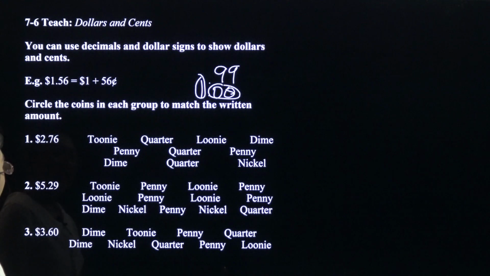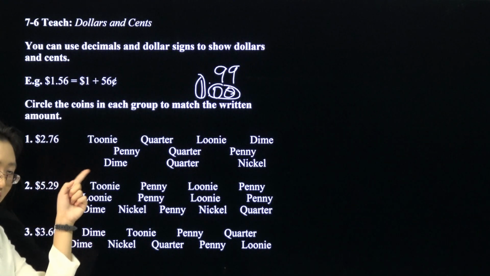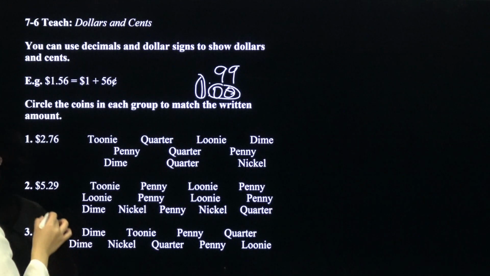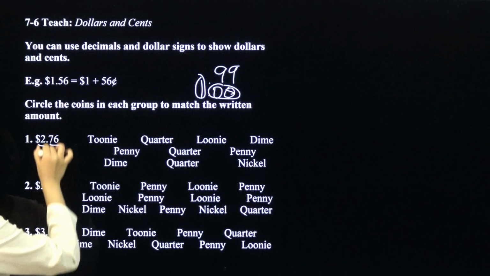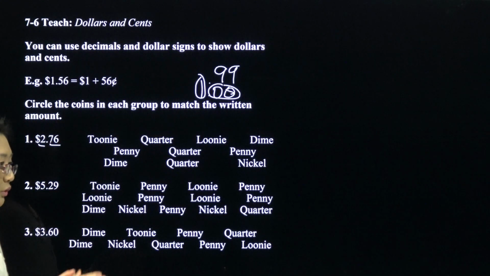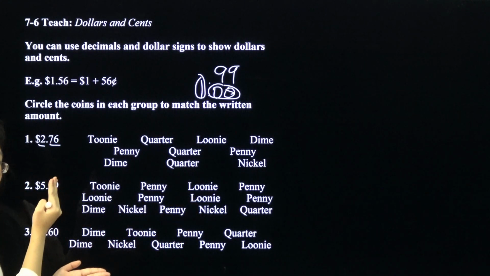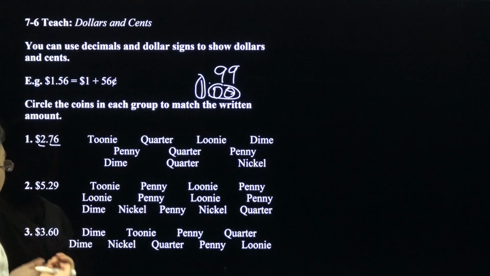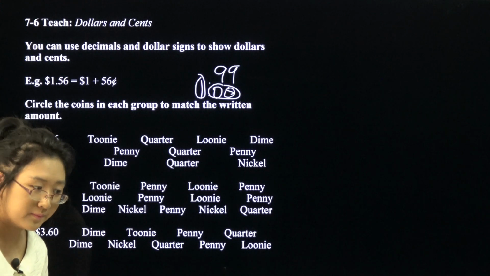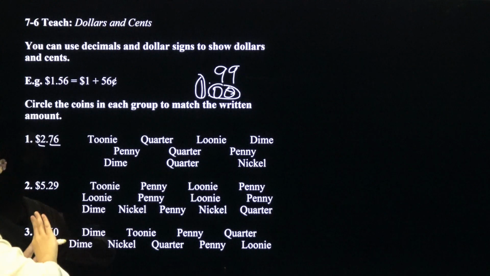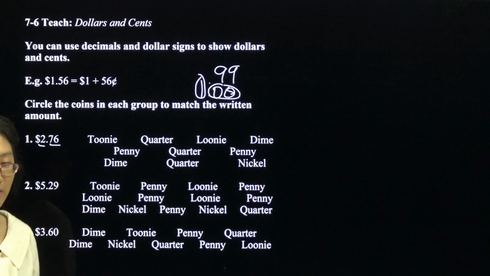Now let's circle the coins in each group to match the written amount. We have $2.76. I can tell by 2.76. So everything to the left of the decimal point is a whole number, and everything after that is smaller than a whole number.